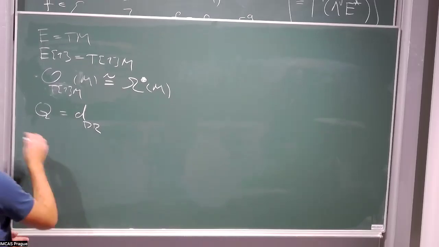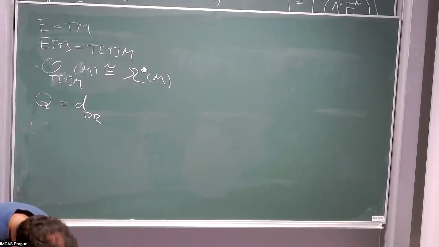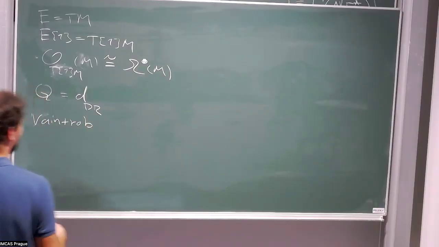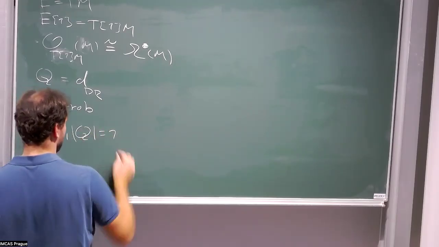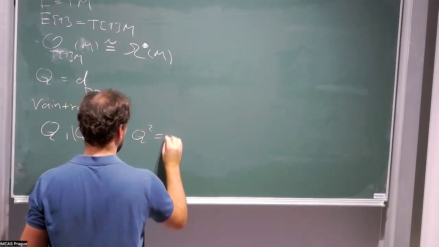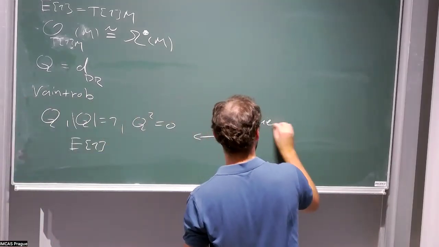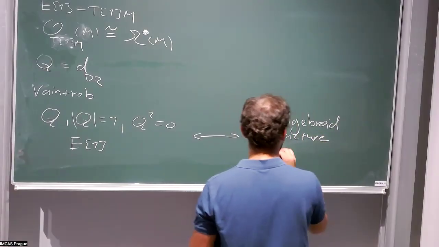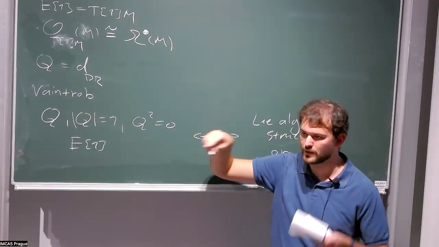There's a result that a Q manifold structure on every shifted vector bundle is the same thing as a Lie algebraic structure on E. In this case, it would be the canonical Lie algebraic structure just with the commutator.